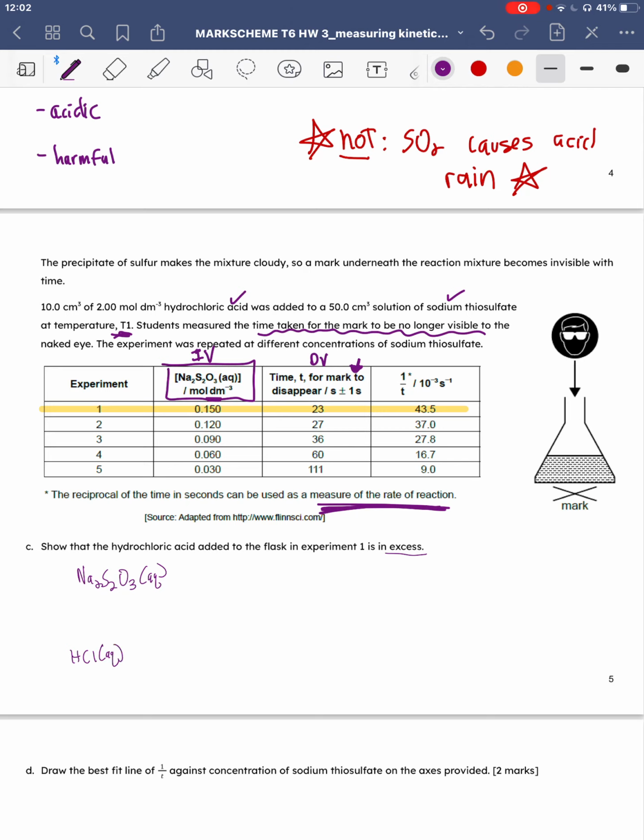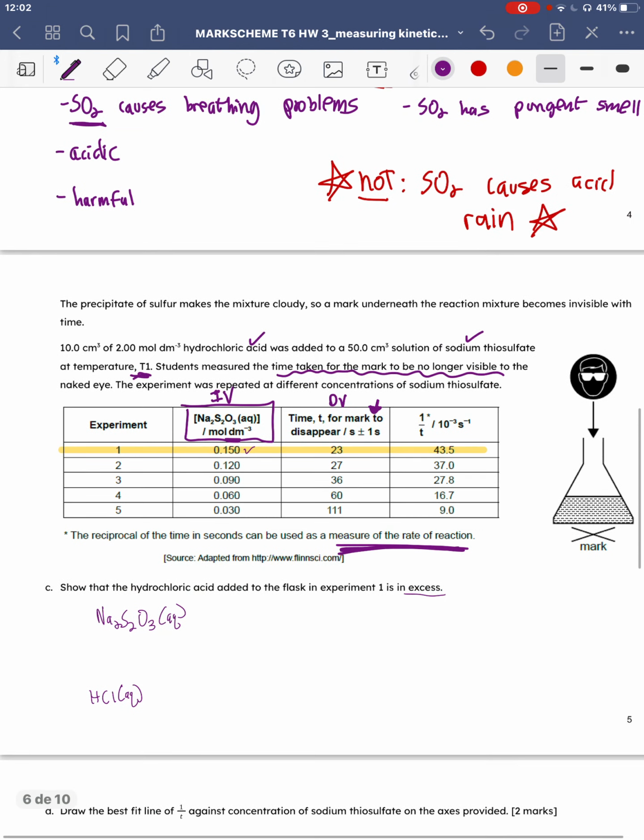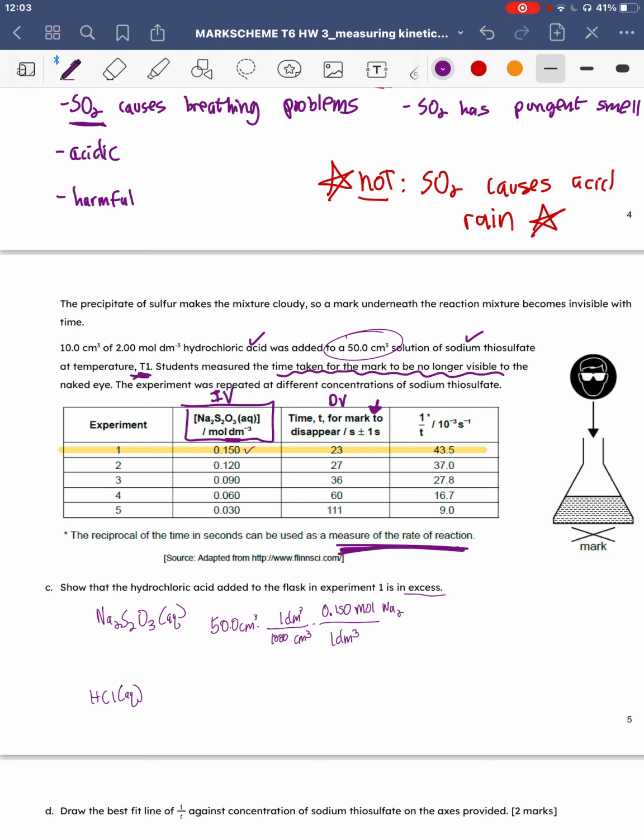I'm asking myself, if all of this reacts, what is the theoretical yield? And I'm using that reaction from before. So sodium thiosulfate, 50 cubic centimeters times 1 decimeter cubed per 1,000 cubic centimeters, and the concentration, 0.15 moles Na2S2O3, sodium thiosulfate.